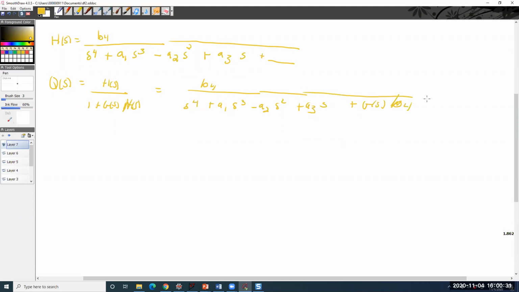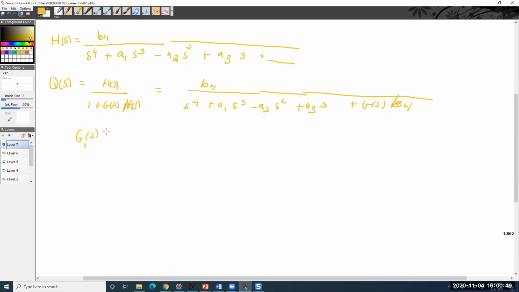B4. Okay? So now just looking at it, the easiest thing is to not turn everything else negative, but to make this one positive. So what would make that happen?